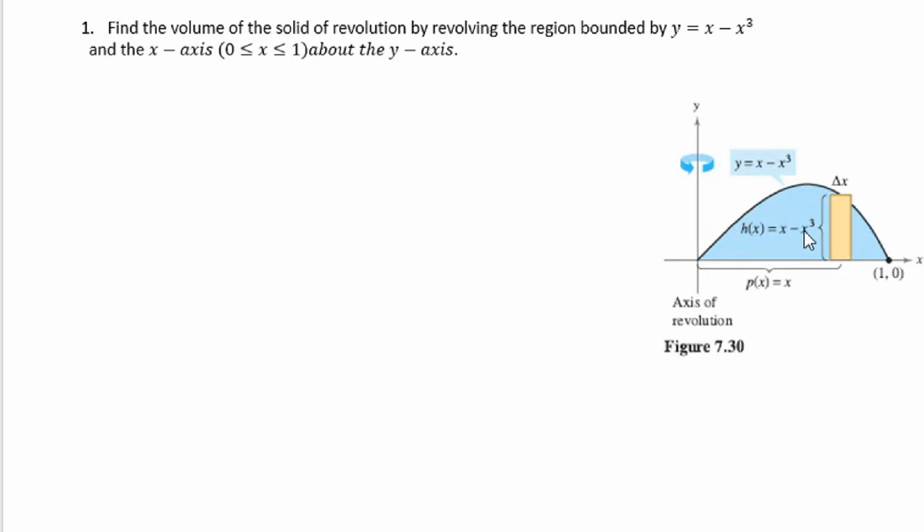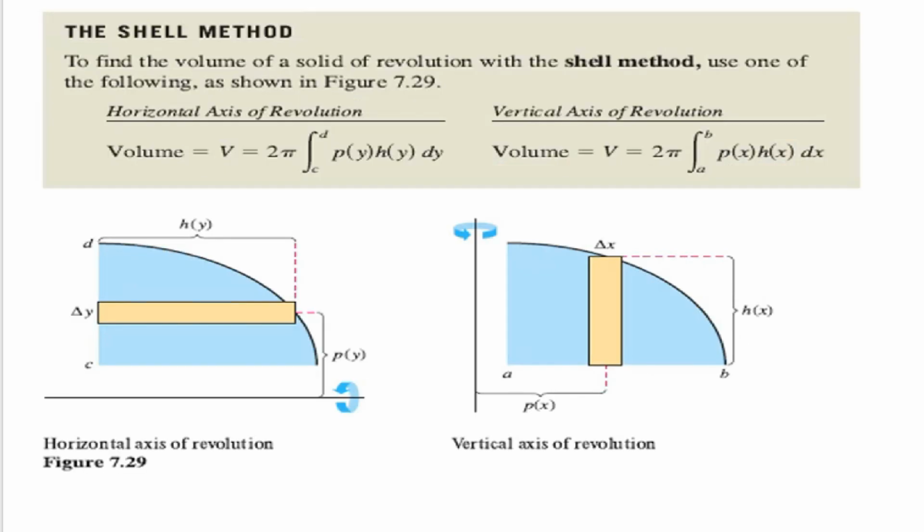Because x ranges from 0 to 1, the volume of the solid can be written as V equals 2 pi times the integral of p of x, h of x dx from a to b. I am referring to this formula.